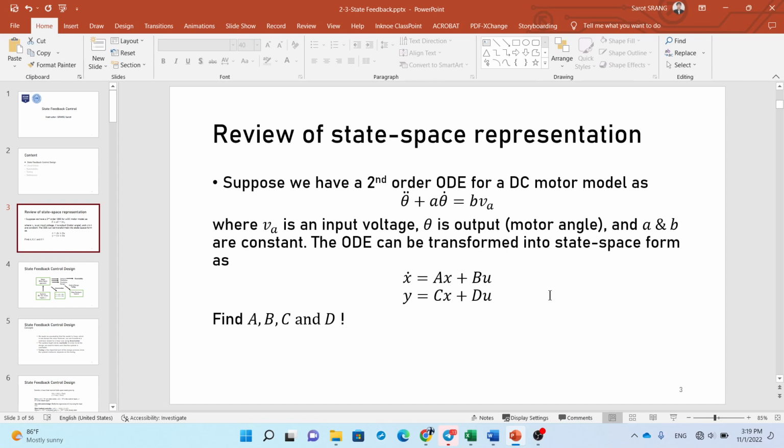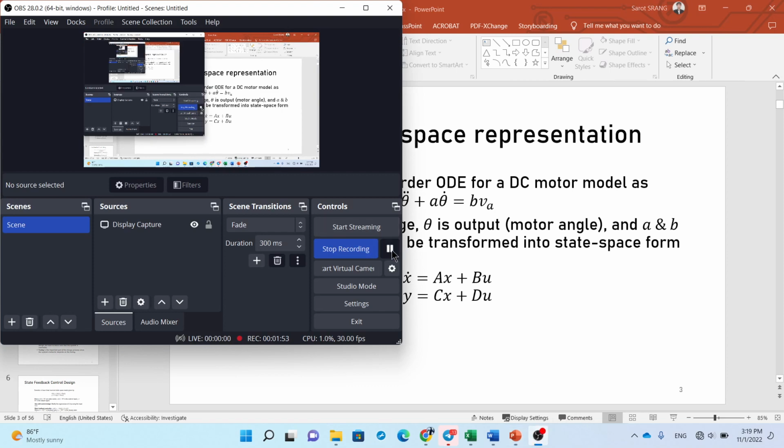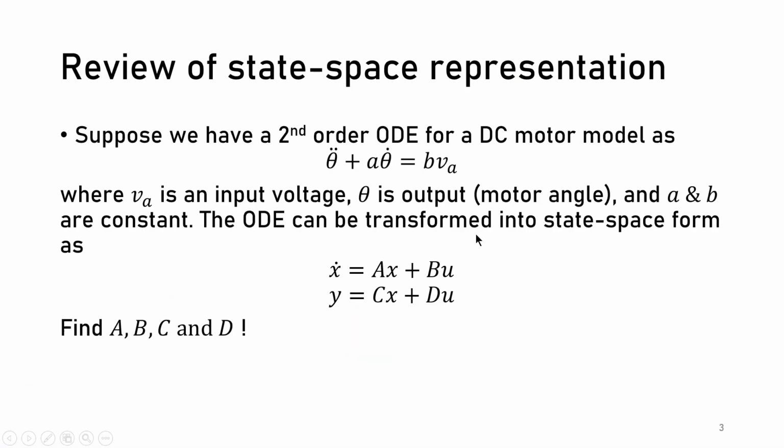Okay, so let's try. Just in case you don't remember what you learned before, let me give some hints. In this equation, these are called state variables, and actually you have h1 and h2, and you need to relate them to theta and theta dot.